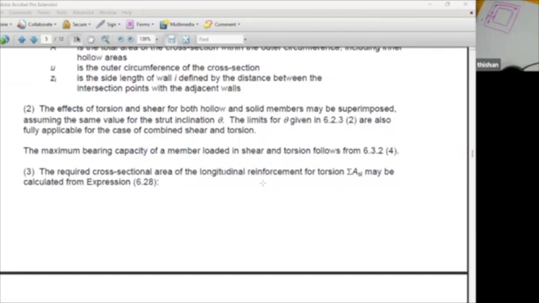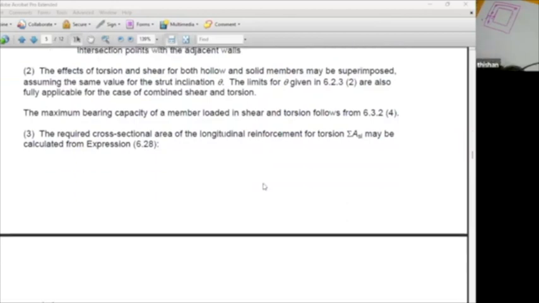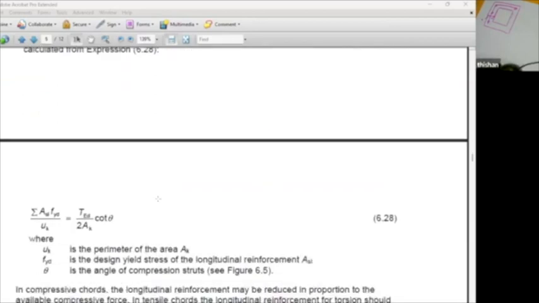Why? Because these stresses are inclined. Inclined stresses can give rise to additional longitudinal forces. So you get an equation like this in the code, Equation 6.28. That tells you how to calculate the longitudinal reinforcement.